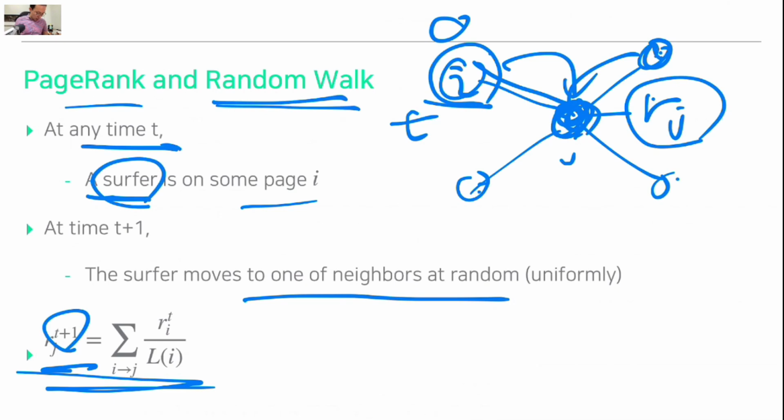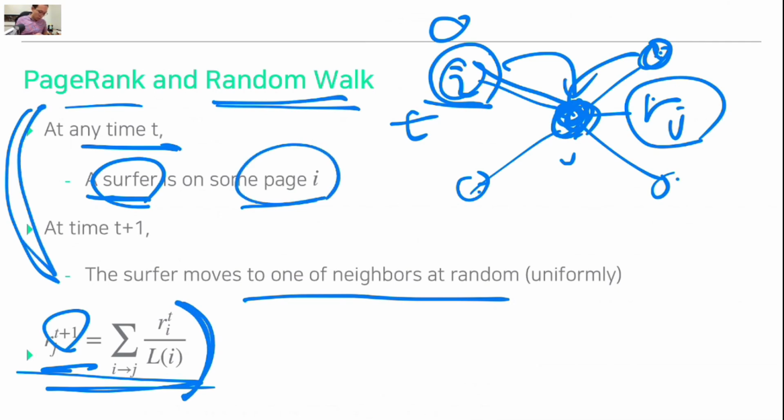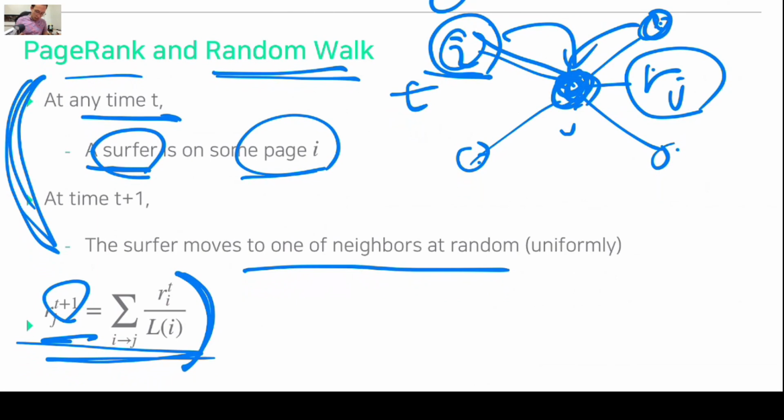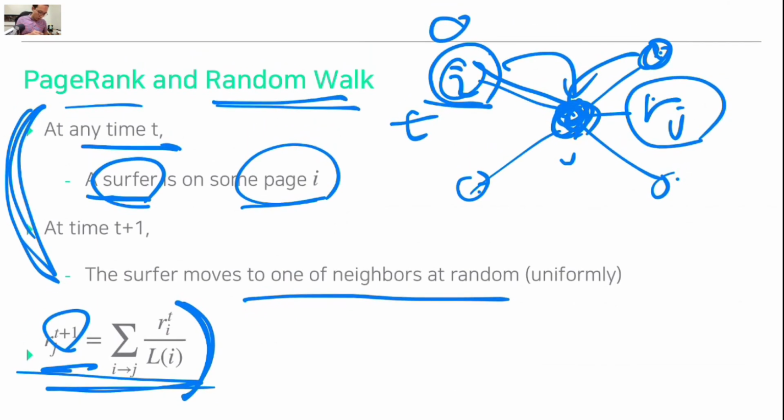So from this intuition, this is the overall probability, not considering just this. With this analogy, the PageRank jumping is the same as the jumping behavior of the random walk, right?